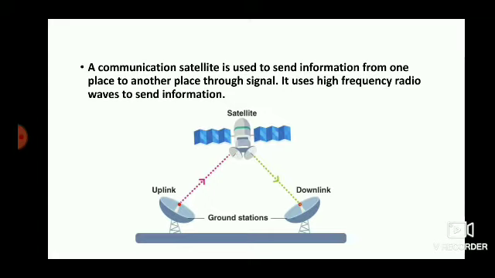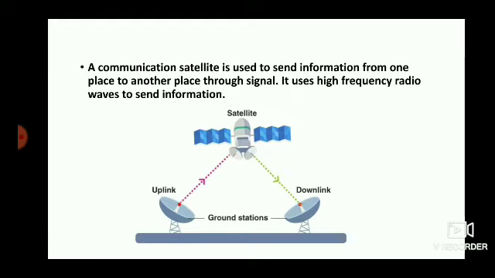You know that communication means exchange of information between two or more countries, entities, or places through any medium or channel. That means it is nothing but sending and receiving or processing of information. That information may be picture, audio, video, anything.